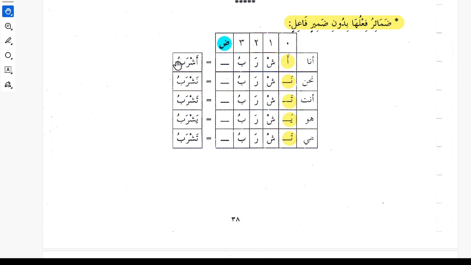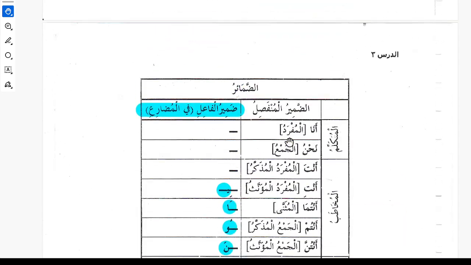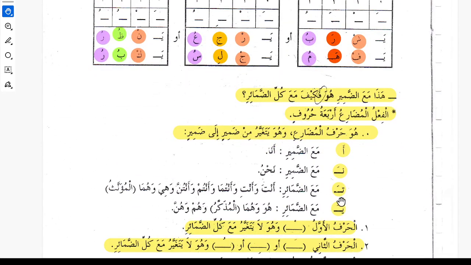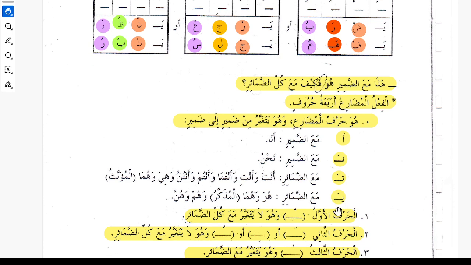So yashrabu changes to ashrabu for ana. Nahnu will change to nashrabu. For anta, it will change to tashrabu. It changes to ta. And for huwa, it remains yashrabu and for hiya, tashrabu. So if you look here, for all these pronouns it changes to ta, and for all these pronouns it remains ya. So that is the first thing that is changing here.